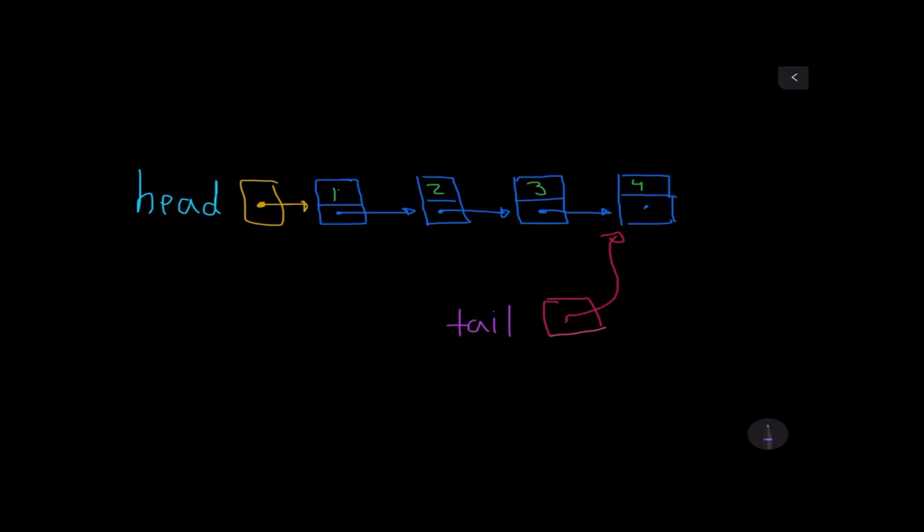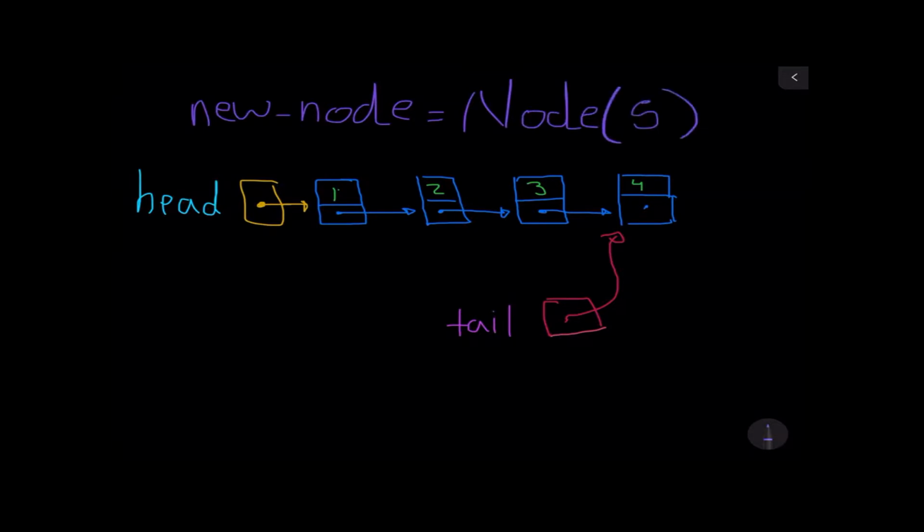So if we go ahead and declare a pointer and name it new node, and memory allocates a node for us with the value 5. And now let's say new node points to this node.